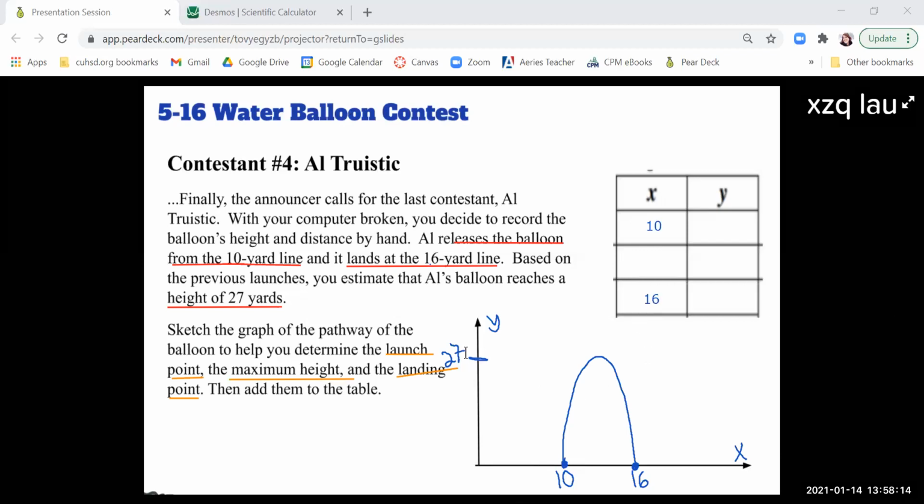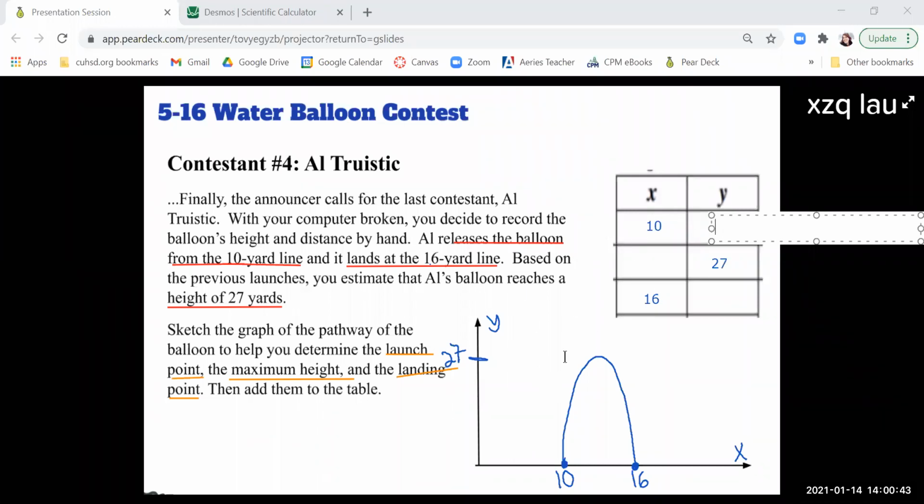We have a maximum height where y is 27, so I'm going to put a 27 here. And now what we want to do is figure out what the other parts of these coordinates are. So I want you to take a minute and see if you can complete the ordered pairs in the table that I've started. All right, so we're going to fill in the rest.